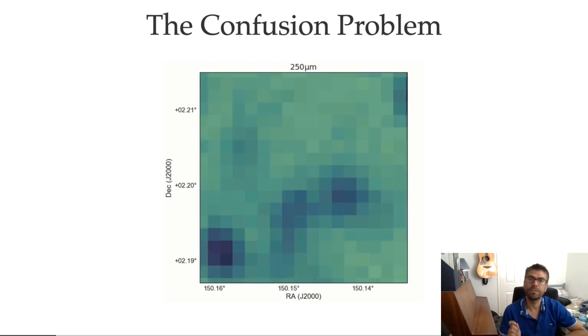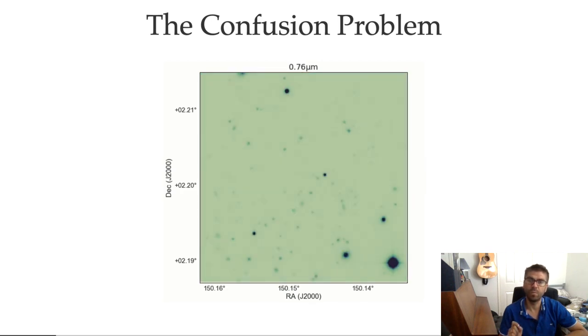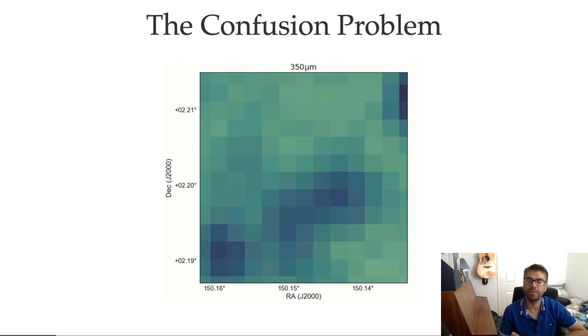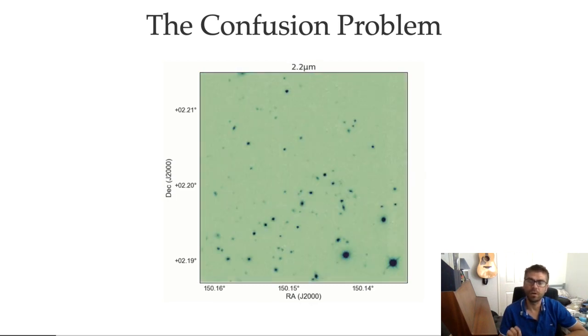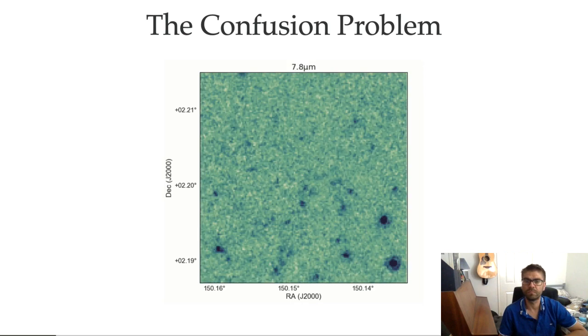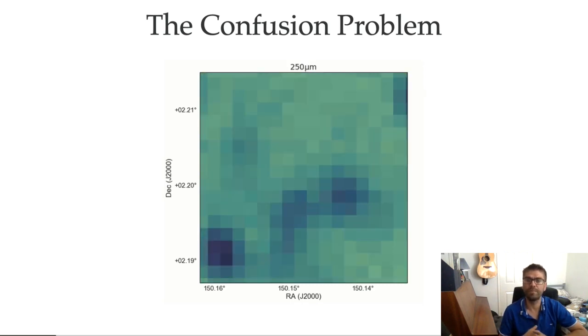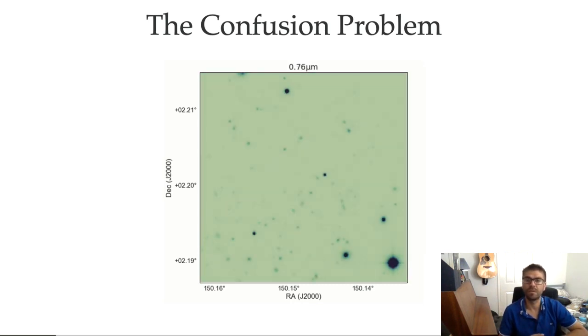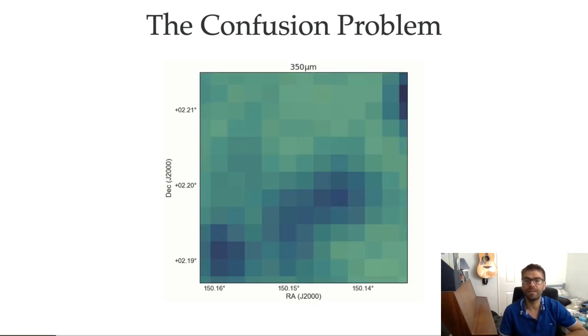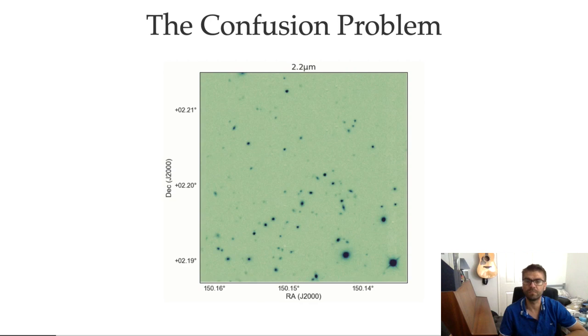The challenge is working out which galaxies that we've detected or observed in the optical and near-infrared are contributing to that far-infrared map. But it isn't just a resolution problem. We've said that different wavelengths probe different physical processes. So being bright in the optical and near-infrared is no guarantee that you'll be bright in the far-infrared.